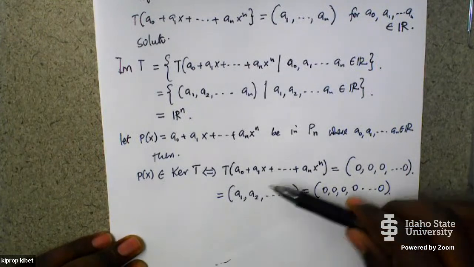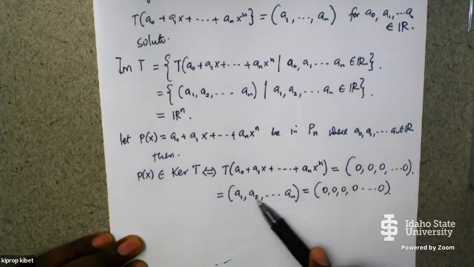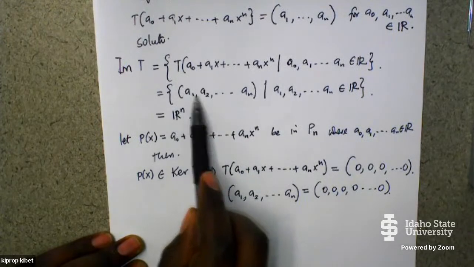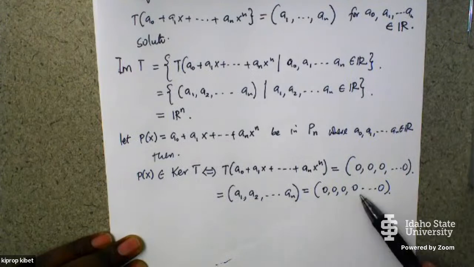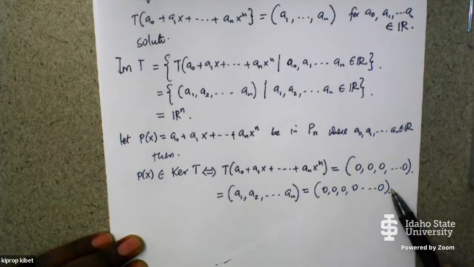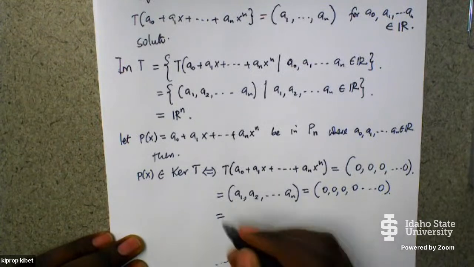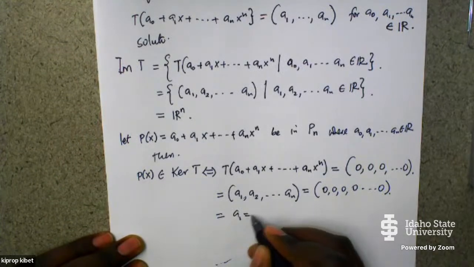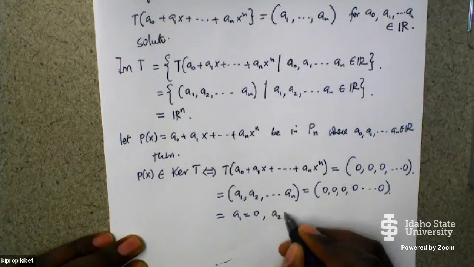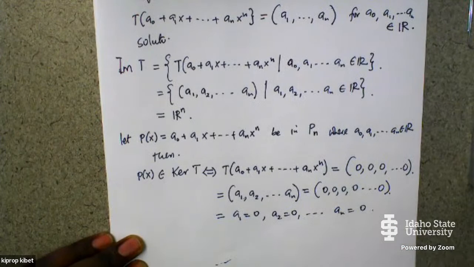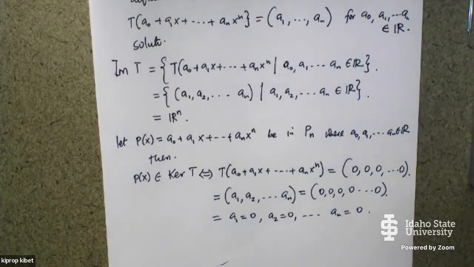So this T is equal to this. T, like what we've done here, is equal to a1, but this a1 up to an is equal to zeros. So therefore a1 equals 0, a2 equals 0, all the way to an equals 0.